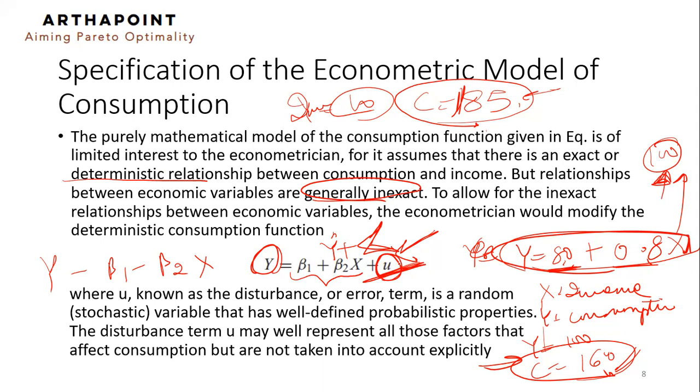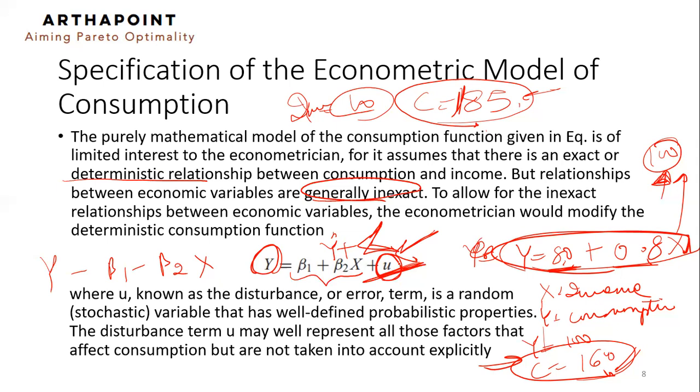We will discuss in detail the different assumptions we make about the error terms, what happens when these assumptions are violated, what is the predicted variable, what is the explained variable, what is the independent variable.